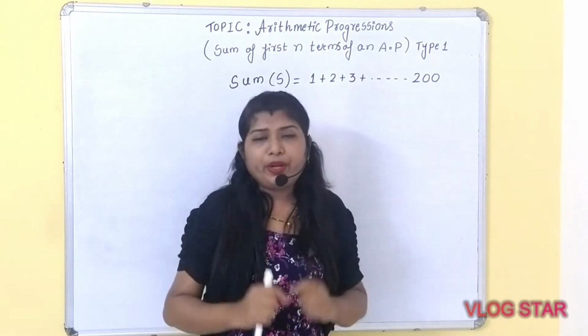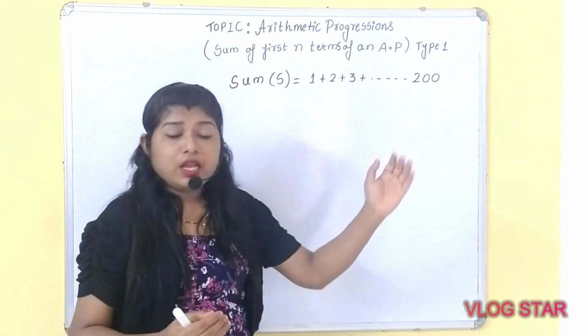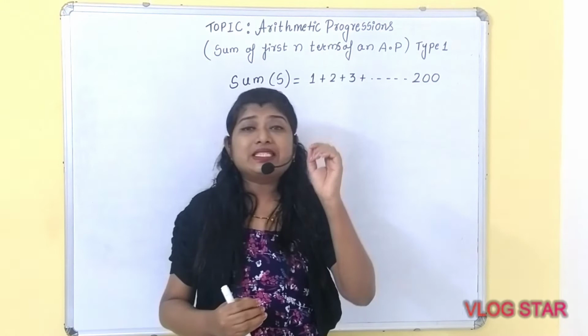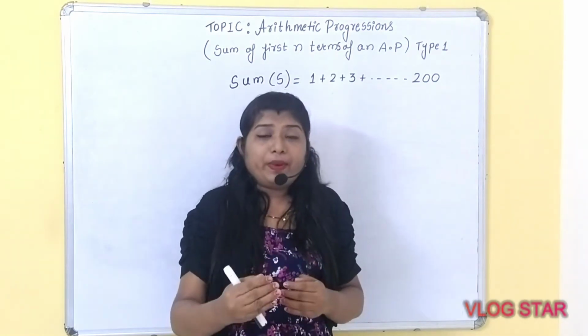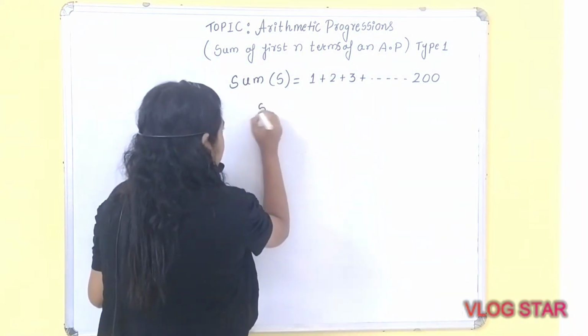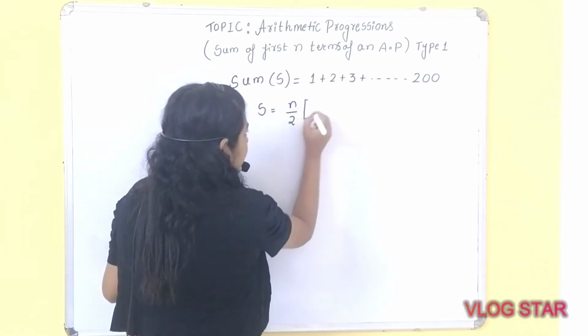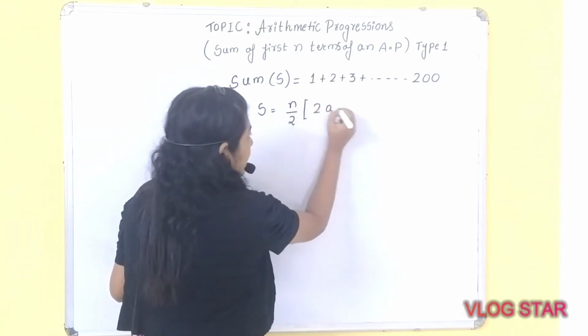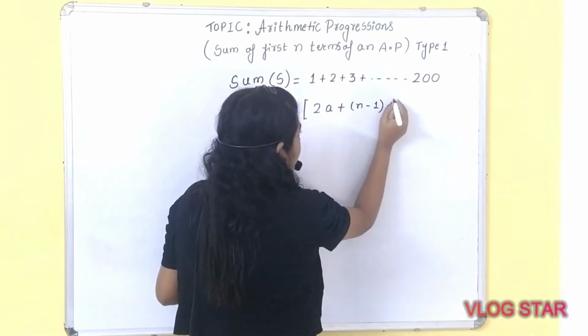To find the sum of all the numbers, you have to apply a simple formula. So which formula? S is equal to n upon 2 inside the bracket 2a plus (n minus 1) into d.